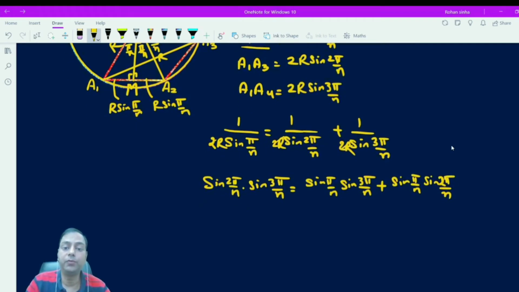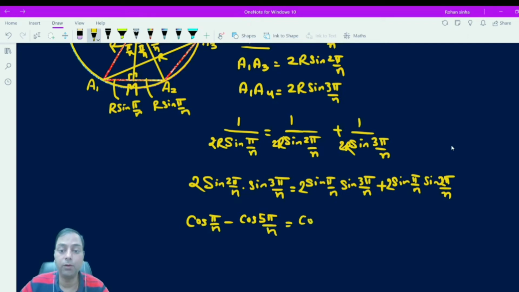Now if we proceed further, let us multiply this by 2 on both sides. What is 2 sin A into sin B? This is cos A minus B minus cos A plus B. So we get cos 2 pi by n minus cos 4 pi by n, and cos pi by n minus cos 3 pi by n on the other side.